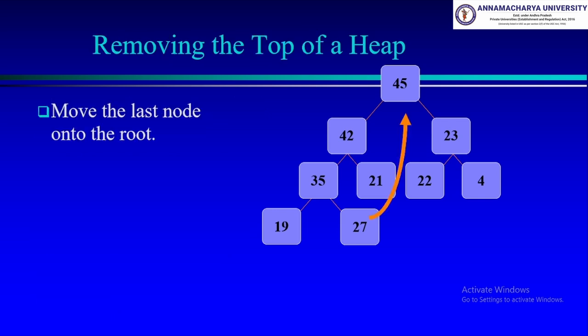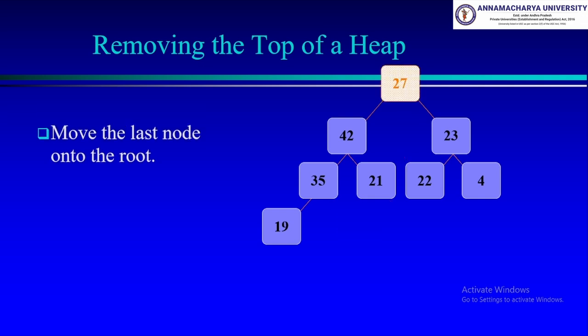And next, removing, that is deleting, the top of the heap. Move the last node onto the root. This process is performed in removing or deleting the top node of the heap. That means the root is deleted, and then the heap property is verified for the remaining children of the root.